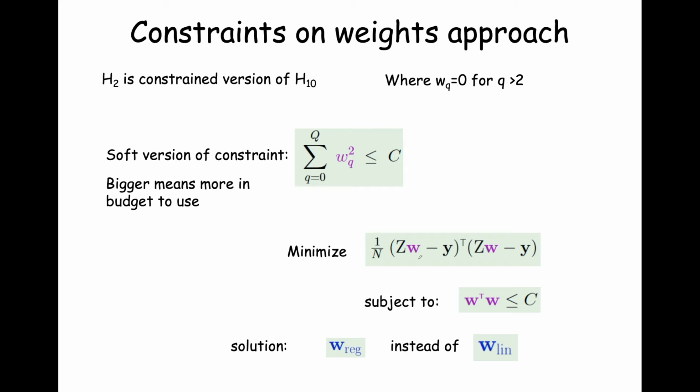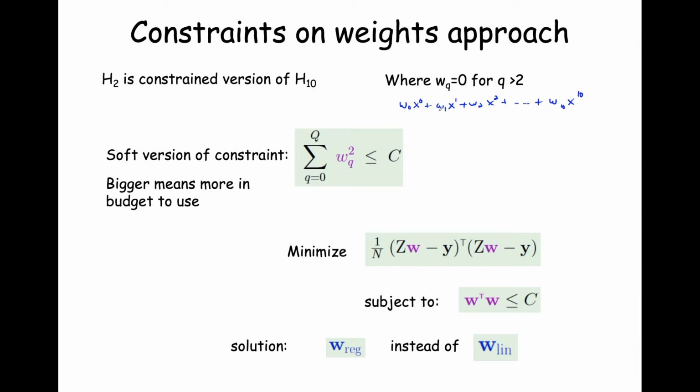Now let's pose a constrained version of our hypothesis set, and let's imagine we had a degree 10 polynomial hypothesis set. We'll call that H10. So let me write out our polynomial: W naught x to the 0 power plus W1 x to the 1 power plus W2 x to the 2 power plus all the way up to and including W10 x to the 10th power.